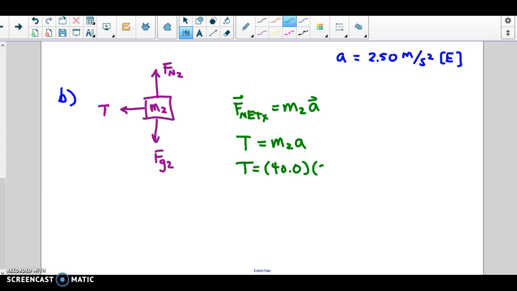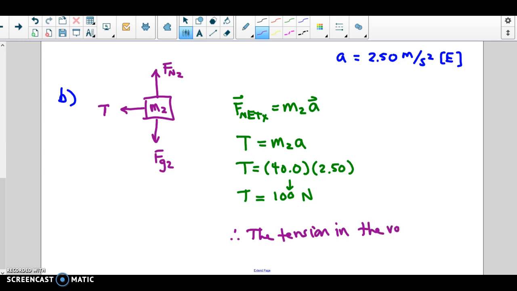The acceleration was 2.5 meters per second squared, which means my tension will be 100 newtons with 3 significant figures. So when I write my final answer, I'll write, therefore, the tension in the rope is, and I'll write it in scientific notation just to be perfectly clear how many significant figures I'm dealing with. So 100 newtons.